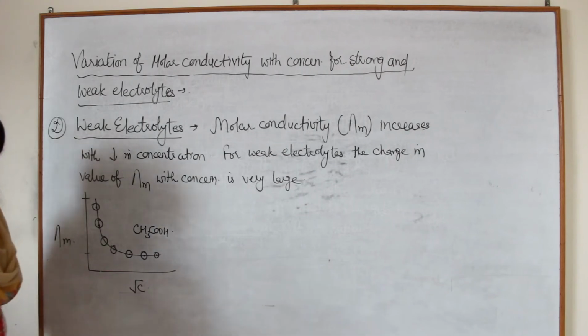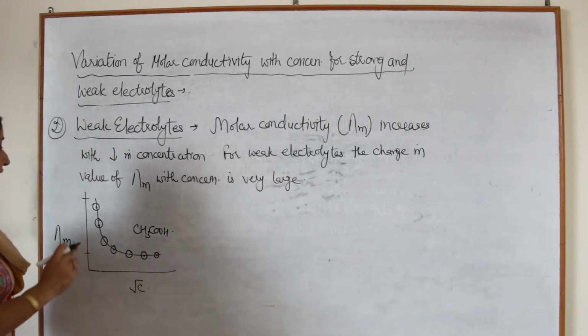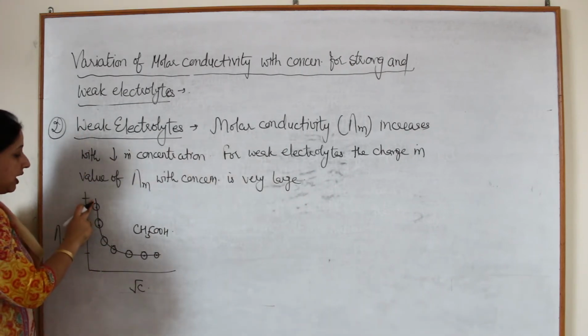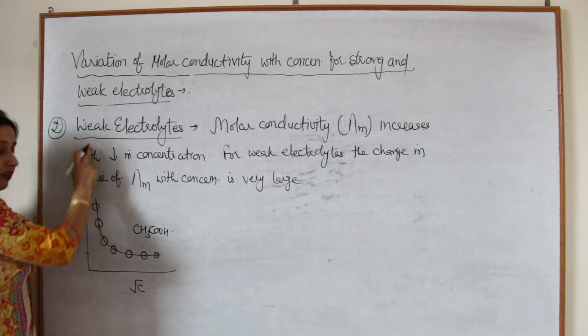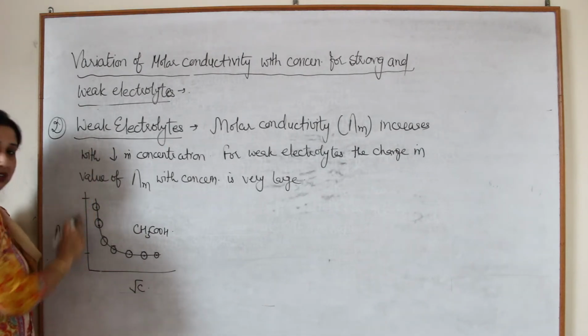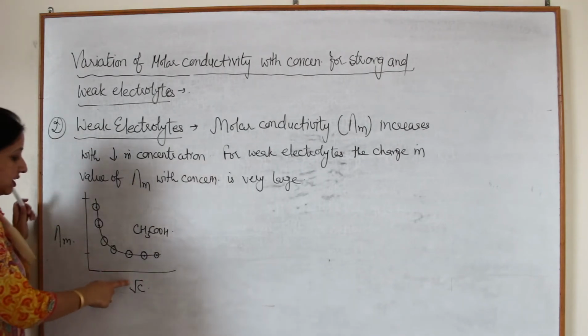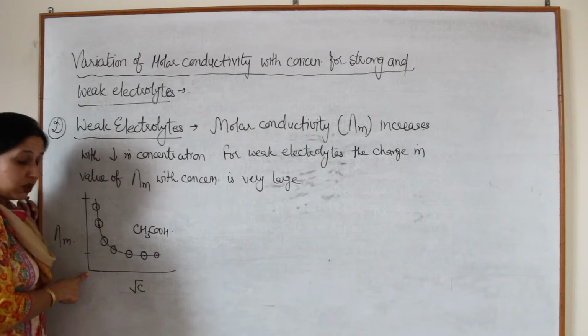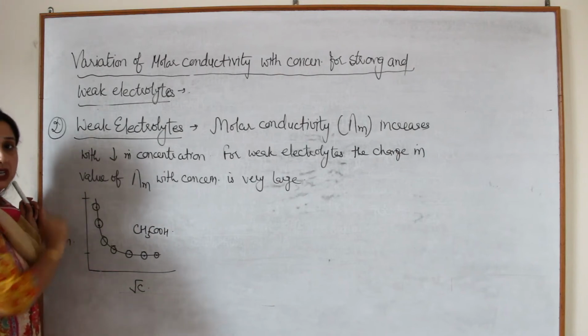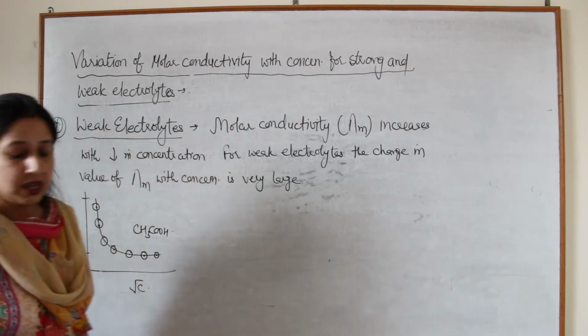But one major difference is more, that we cannot extrapolate this graph to touch this line. Means we cannot say that if the concentration is 0 then lambda m will be equal to lambda naught m.